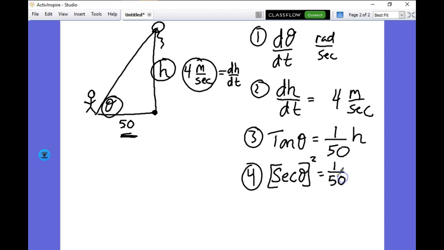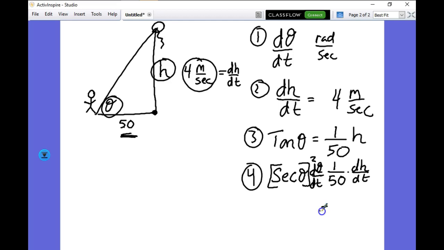So the derivative of (1/50)h is 1/50, but since h is not a constant, it is a function of time, we've got to do dh/dt. Oh, and I forgot my d theta/dt over here, didn't I? Bad, Mr. Bailey. All right, so let's go ahead and plug in what we know.